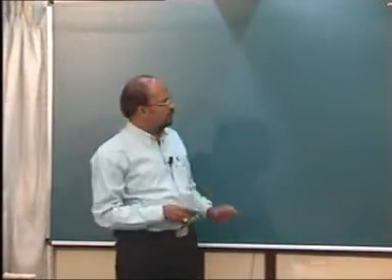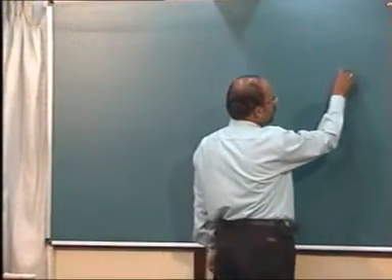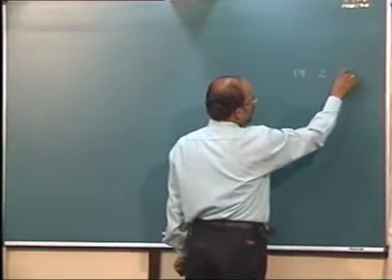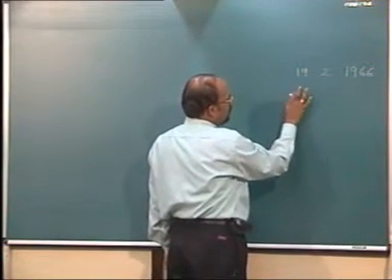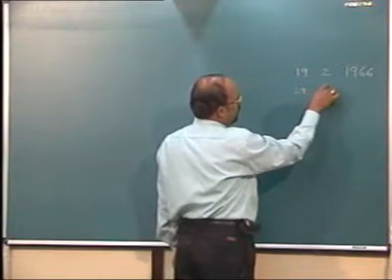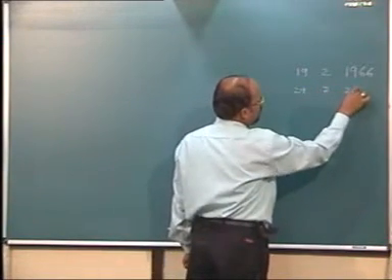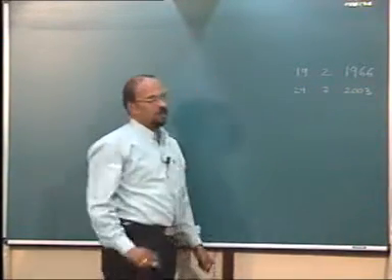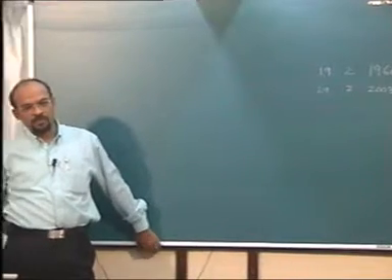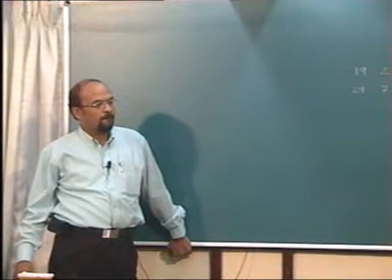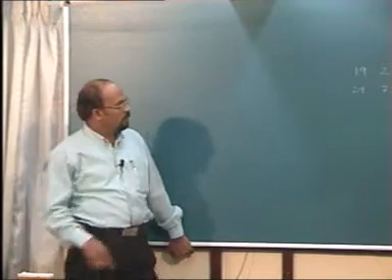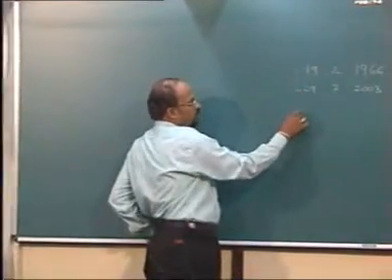For example, today is 29th, no? 29/7. These two, that comes out to be 10.